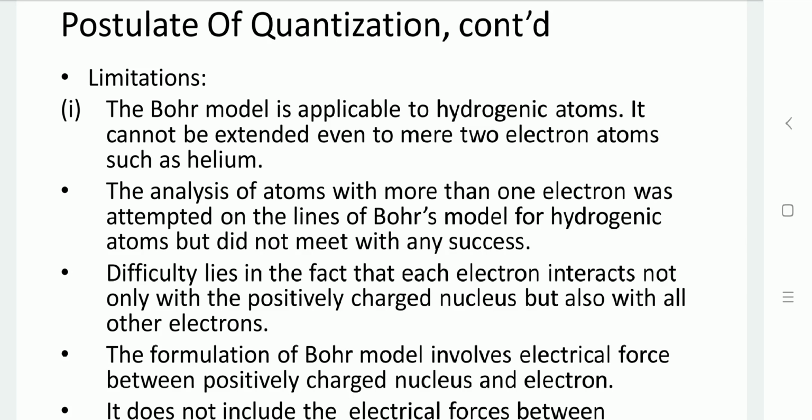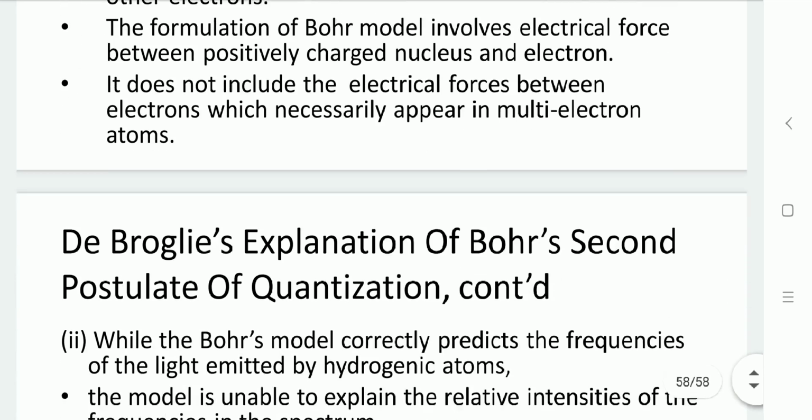So the Bohr model involves electrical forces between the positively charged nucleus and electrons, but it does not include the electrical forces present between electrons themselves, while multiple electrons are present in the atomic structure.